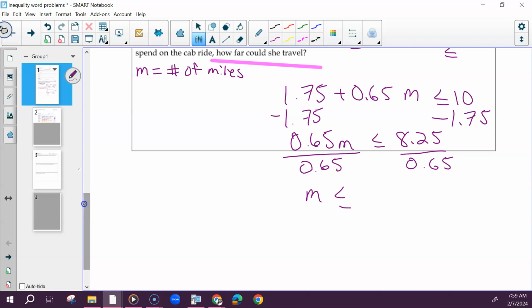What is M? It is a decimal. Okay. So if you get a decimal, you need to think about, could this be a decimal?